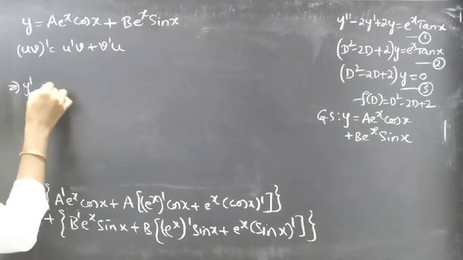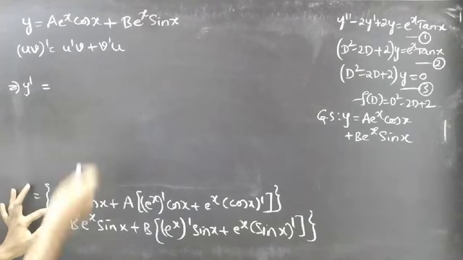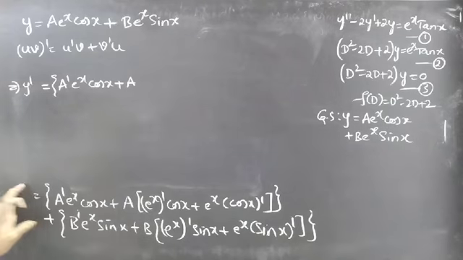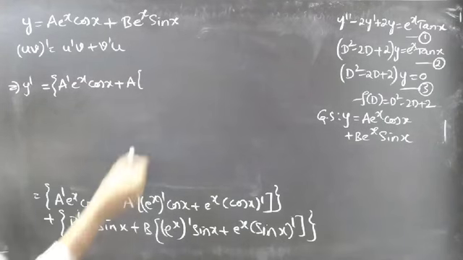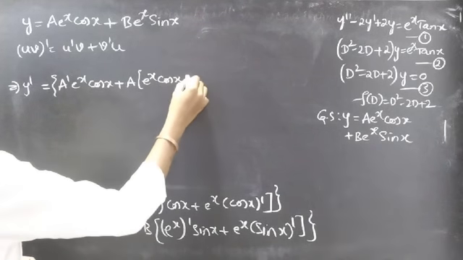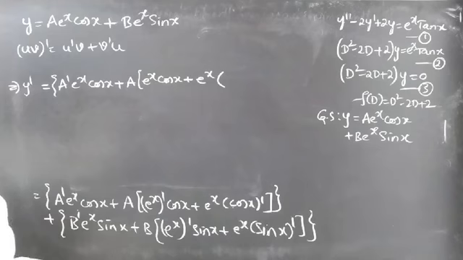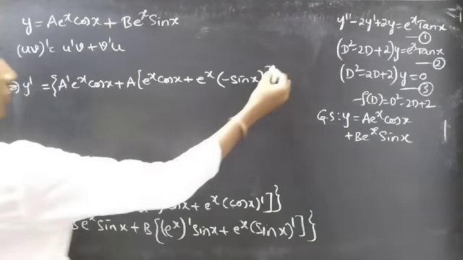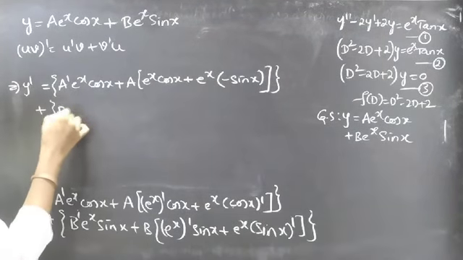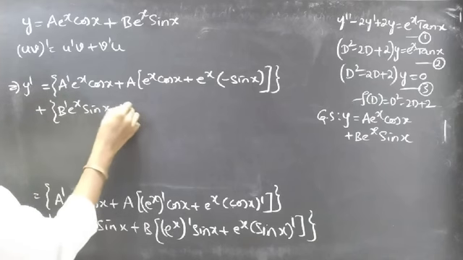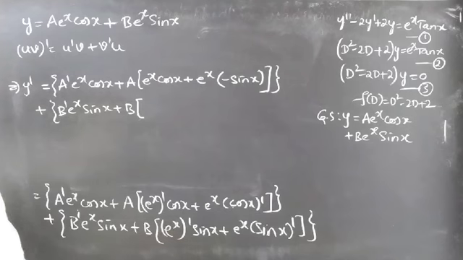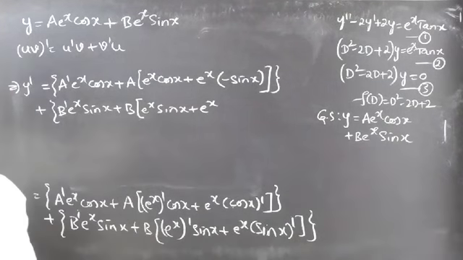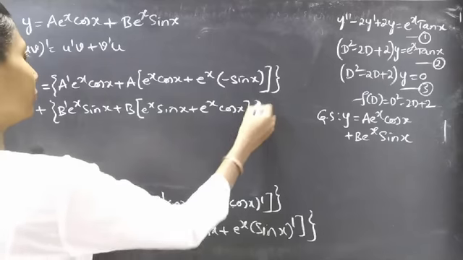Then this becomes a dash e power x cos x plus a into e power x whole dash is e power x into cos x plus e power x into derivative of cos x with respect to x is minus sin x plus b dash e power x sin x plus b into derivative of e power x with respect to x is e power x into sin x plus e power x into derivative of sin x with respect to x is cos x, right?